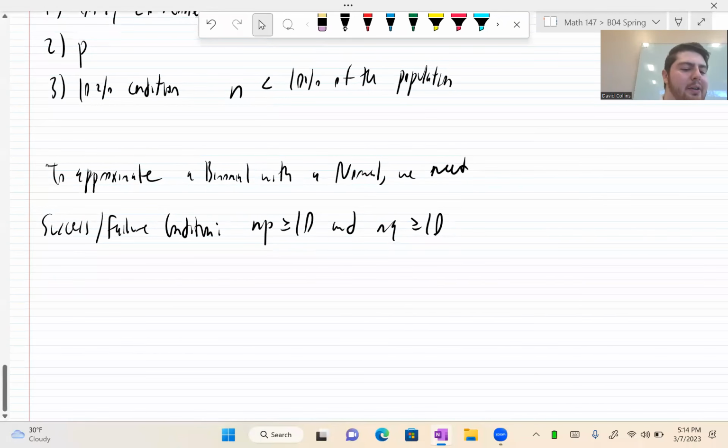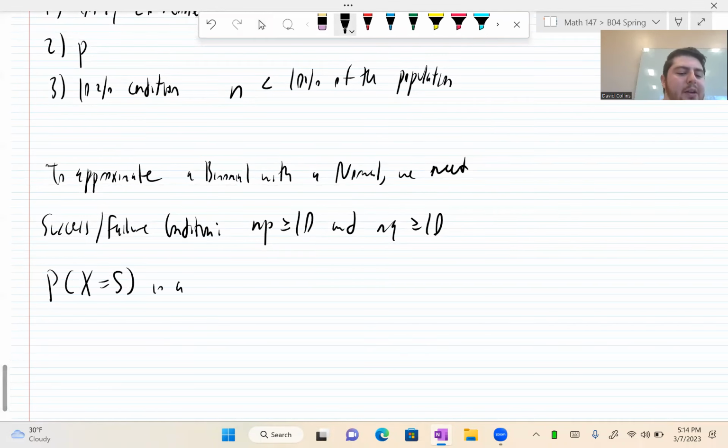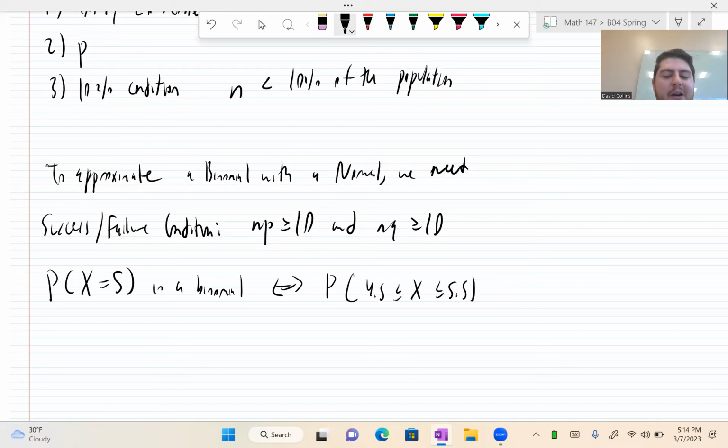And if you want to calculate, let's say, the probability that x equals 5 in a binomial, this is roughly the same as doing the probability that x is between 4.5 and 5 in a normal. This is called continuity correction.